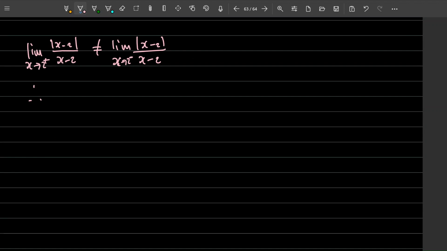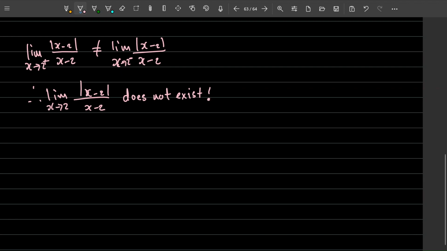Therefore, you can write it in words. It means the limit as x approaches 2, the two-sided one, of modulus x minus 2 over x minus 2 does not exist. We are done. That's how you get it for this one.